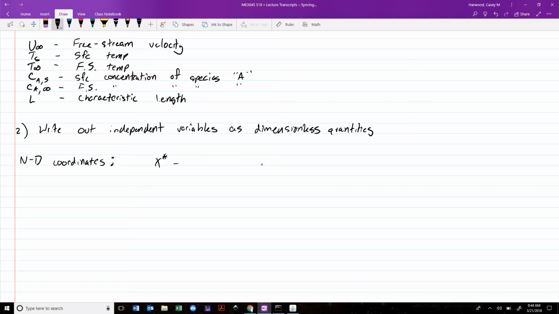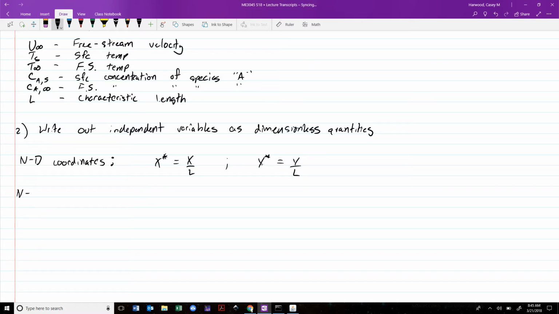X star is equal to X over L, and Y star is equal to Y over L. Any of our solutions, whether it's Navier-Stokes or the energy equation, all include some variation in X and Y, since we're doing two-dimensional. So this is just a way of taking our X and our Y, dividing by whatever our characteristic length is, and what we should get is basically a rescaling of our X and Y to something between 0 and 1.